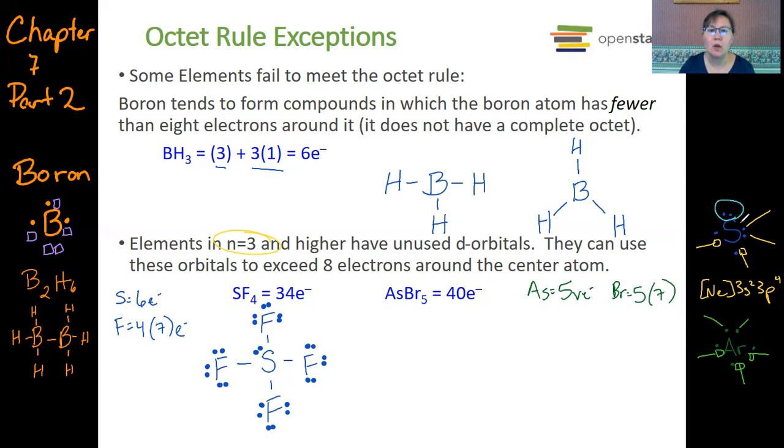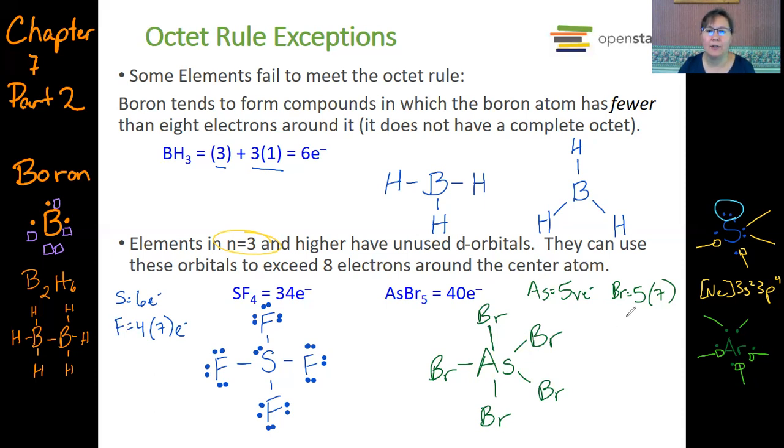See? Okay, going back to our arsenic pentabromide, we put in our arsenic and we have 5. So let's go 1, 2, 3, 4, 5, and we'll put in our bromines. Now it's easy to see that arsenic has 10 on it, and it's exceeded its octet.